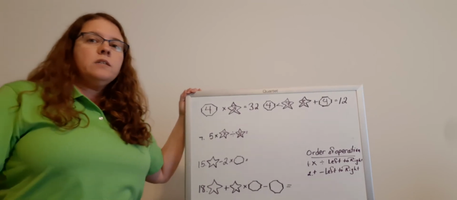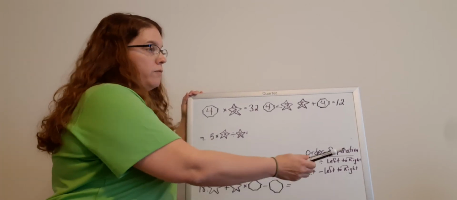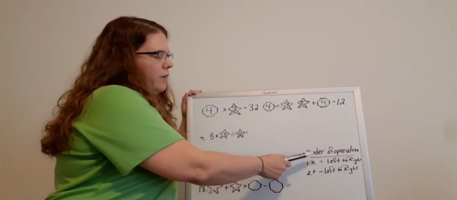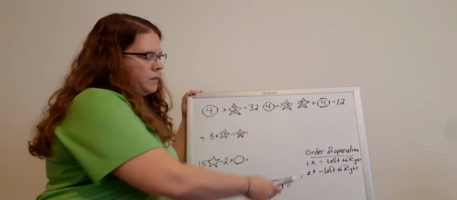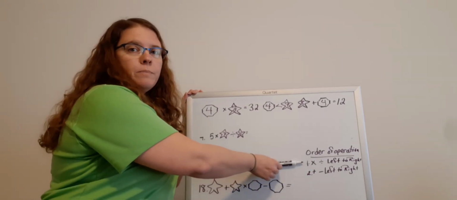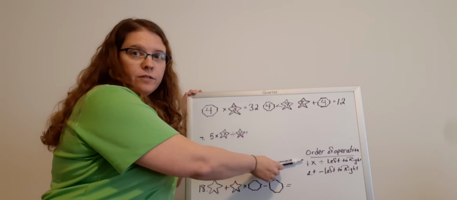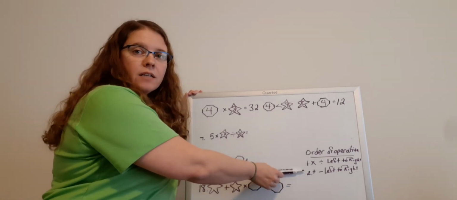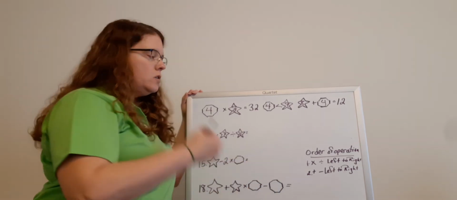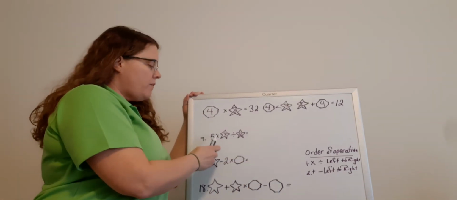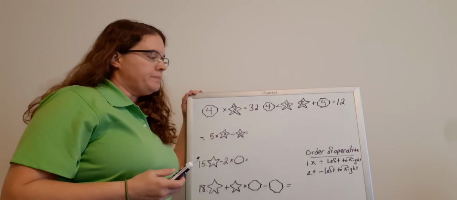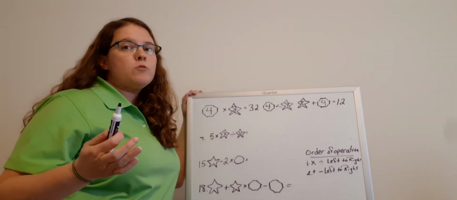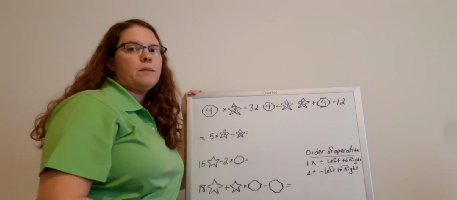Now remember when we did this page last time, we needed to follow the order of operations. Step 1, multiply and divide from left to right. Then step 2, add and subtract from left to right. So if I look at my number 7, I have a multiplication and a division. There's no adding, there's no subtracting, so I don't even have to worry about step 2.